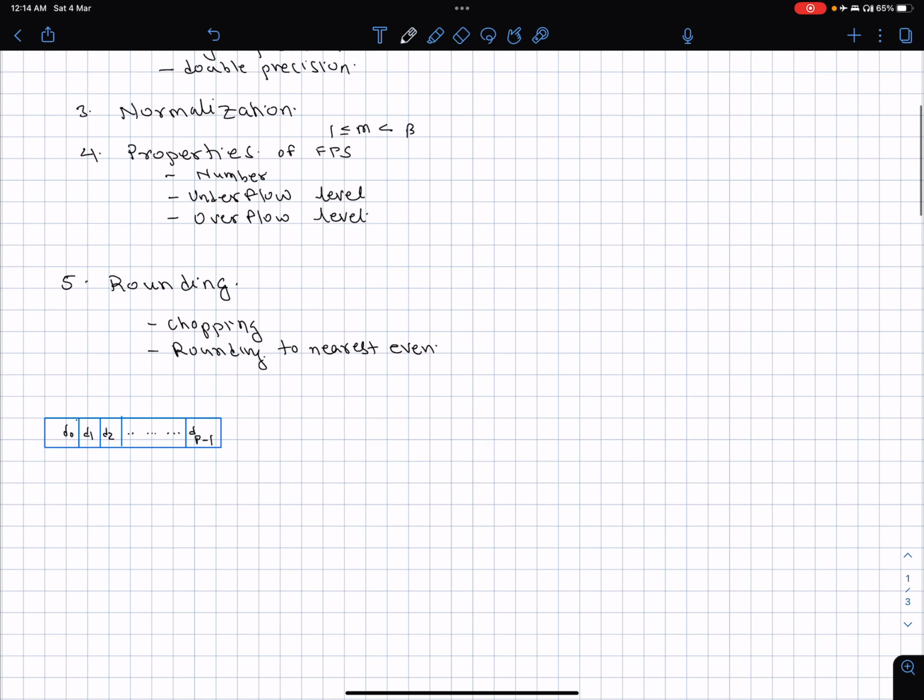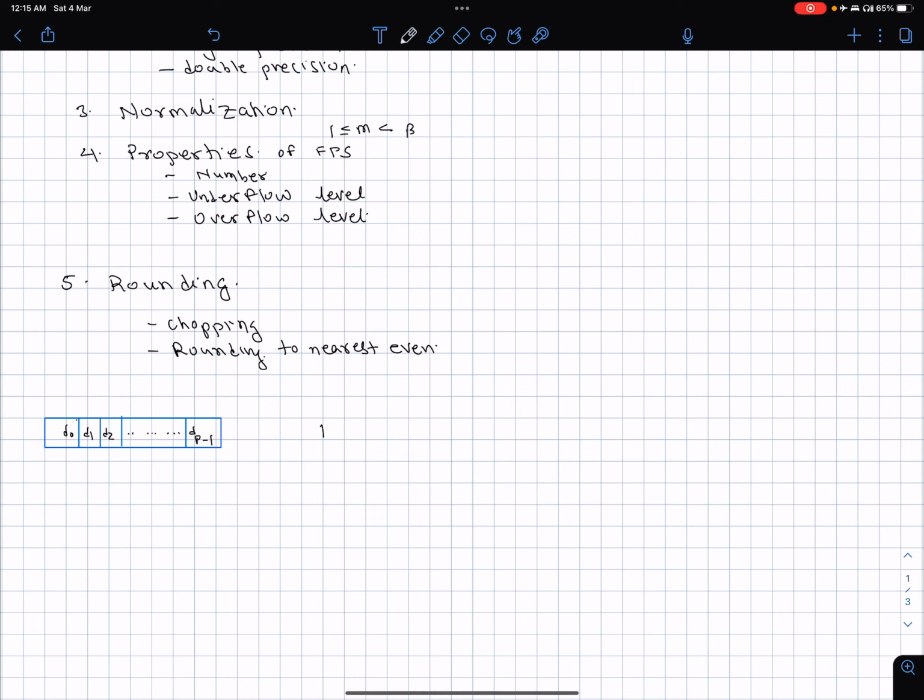So let's say you have a p digit number. P is the level of the precision. The first digit is d0, second digit is d1, third is d2, and the last one is d(p-1).